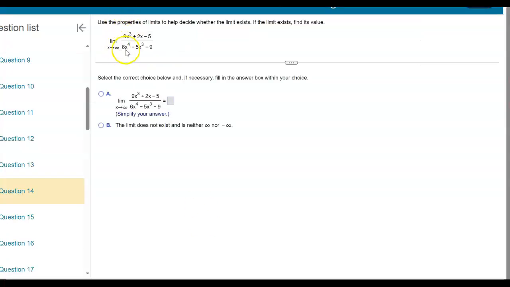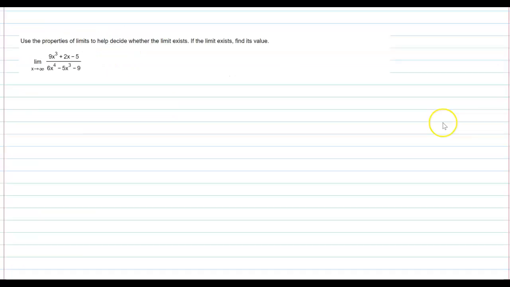Now another similar problem. You do the same thing. You get the leading term in the numerator and the leading term in the denominator, and then divide and then take the limit. So here, this is just the same as the limit as x approaches infinity of, again, the leading term in the numerator, 9x cubed, over the leading term in the denominator, 6x to the fourth.